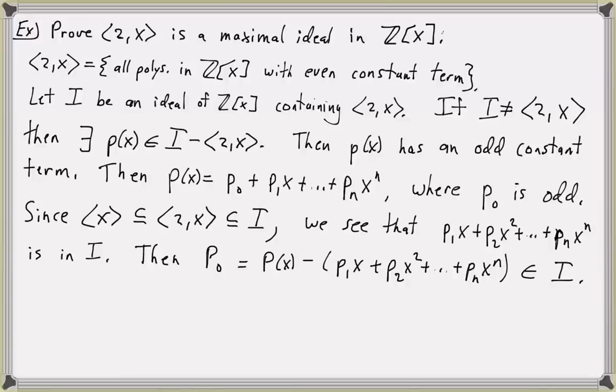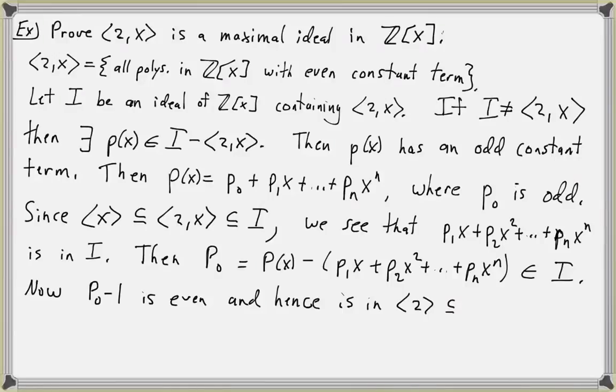Now that p0 is in I, let's look at p0 minus 1. This is an even integer, and hence is an element of the ideal generated by 2, the set of all even integers.